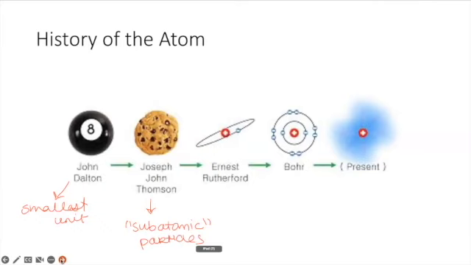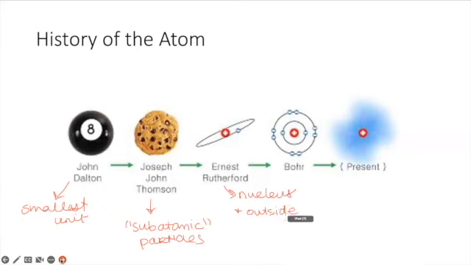Then along came Ernest Rutherford, and he said, yeah, I agree, but I think these particles aren't just randomly put everywhere. I think specifically there's the nucleus, or a center, and an outside.